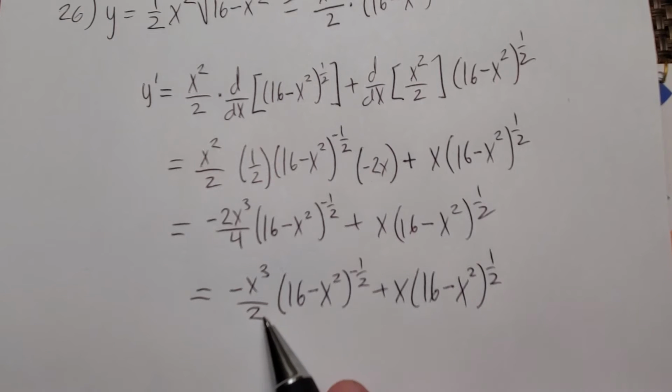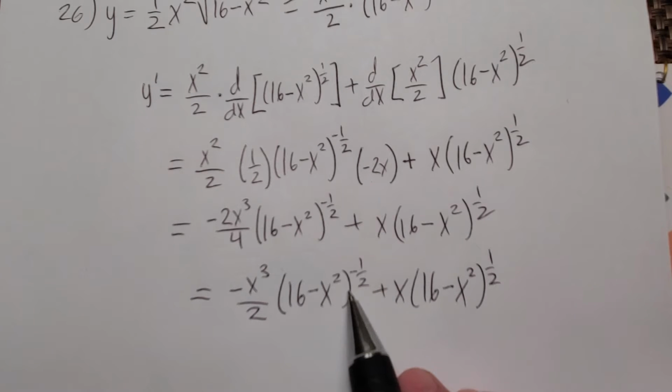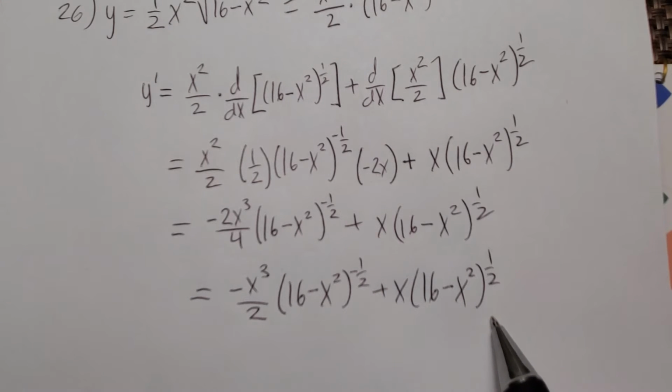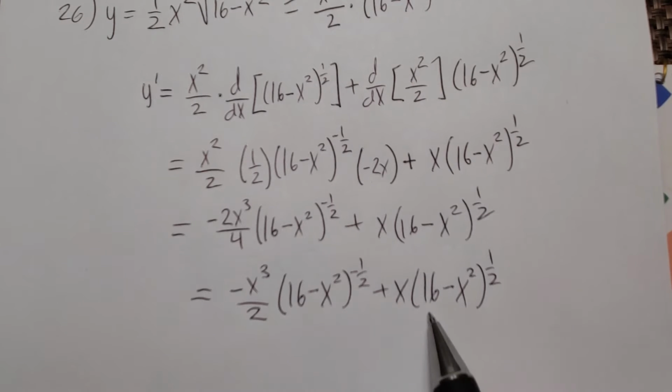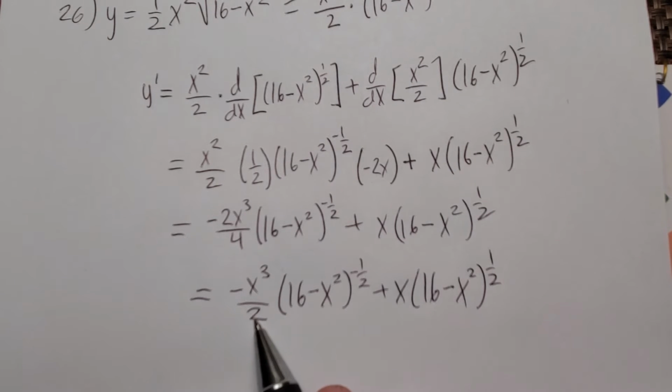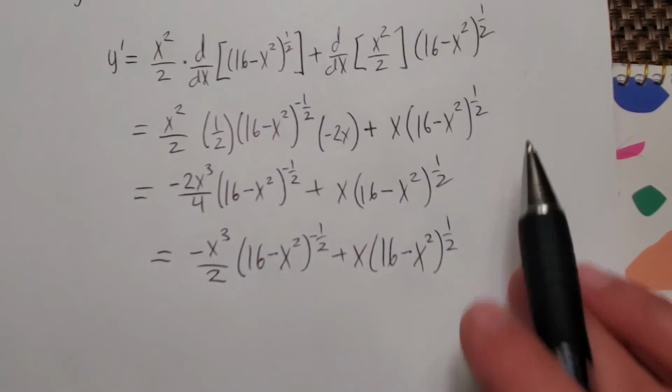In order to get rid of this negative exponent, I'm going to have to multiply by a fraction, something over itself. So I'm going to end up with a fraction, and I don't want this 2 here either, because then I'm going to have a complex fraction.